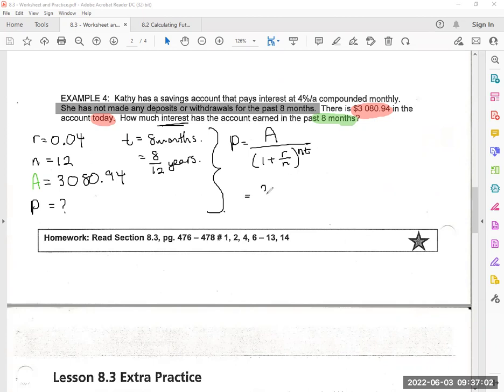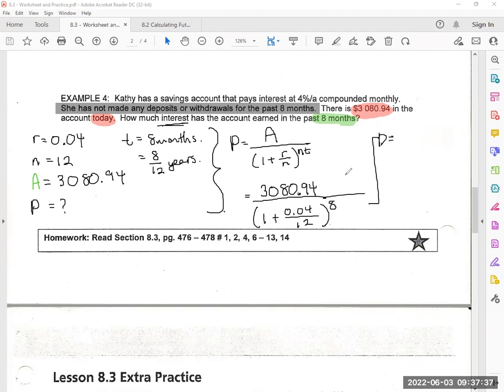That is 3,080, which is what I have now, and I'm trying to find what I had before. 1 plus 0.04 divided by 12, all to the power of 8 over 12 times 12. In other words, 8 over 12 times 12 is just 8.